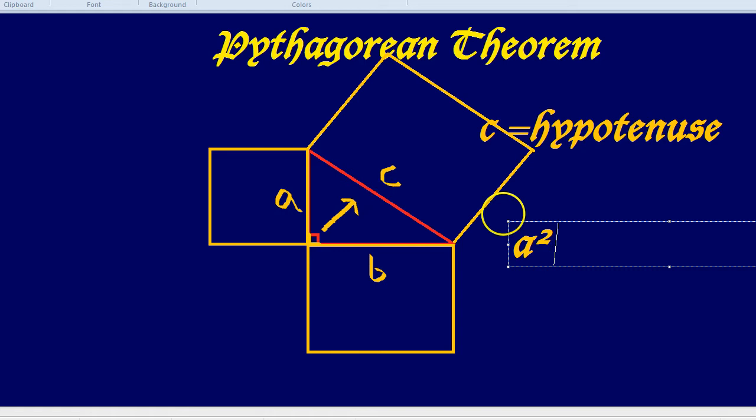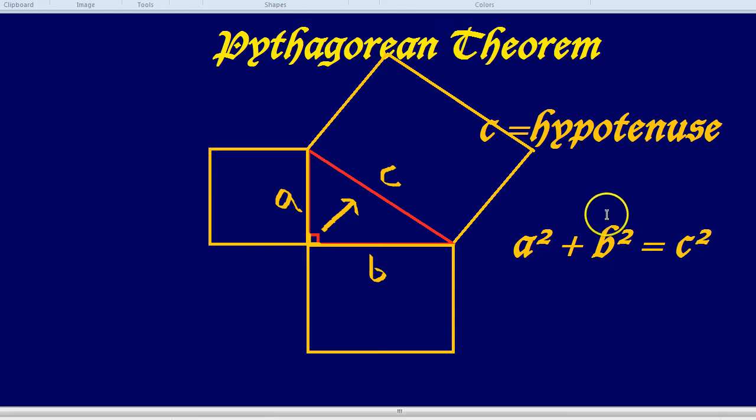A square plus B square equals C square, and that's always true in a right-angled triangle. A squared plus B squared equals C squared, and that actually is the Pythagorean theorem.